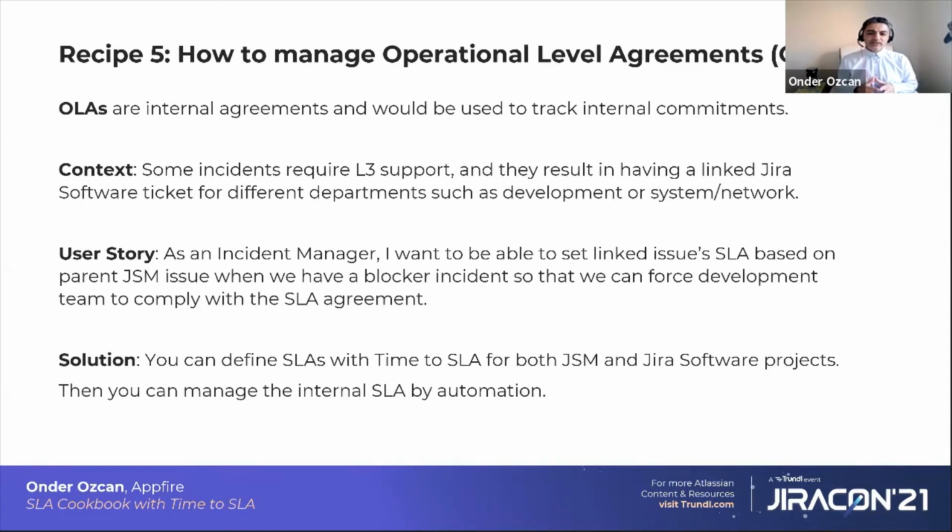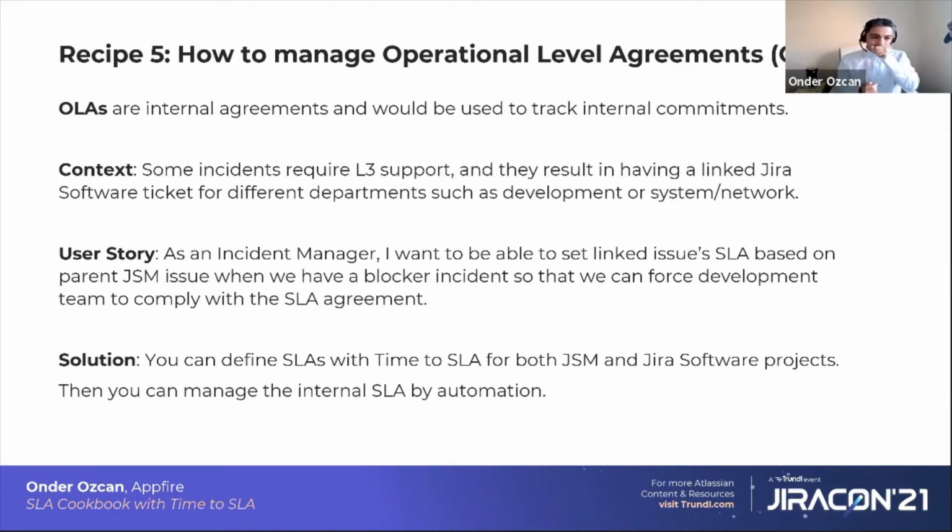So the user story is, as an incident manager, I want to be able to set linked issues' SLA based on the parent JSM one when we have a blocker incident, so that we can force the development team to comply with the SLA agreement.